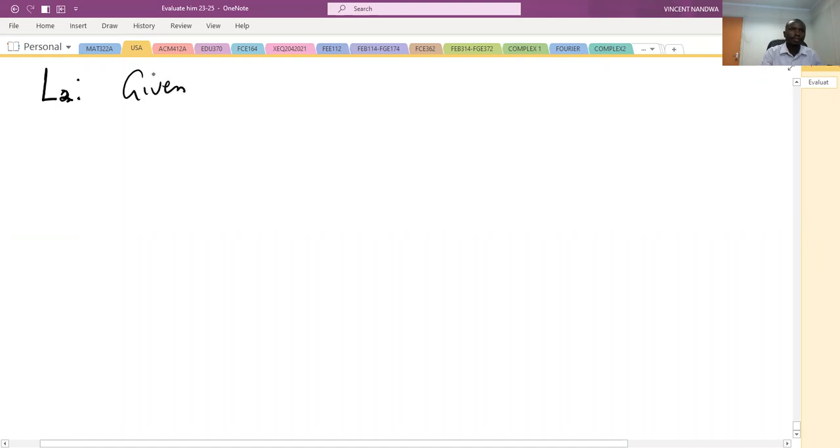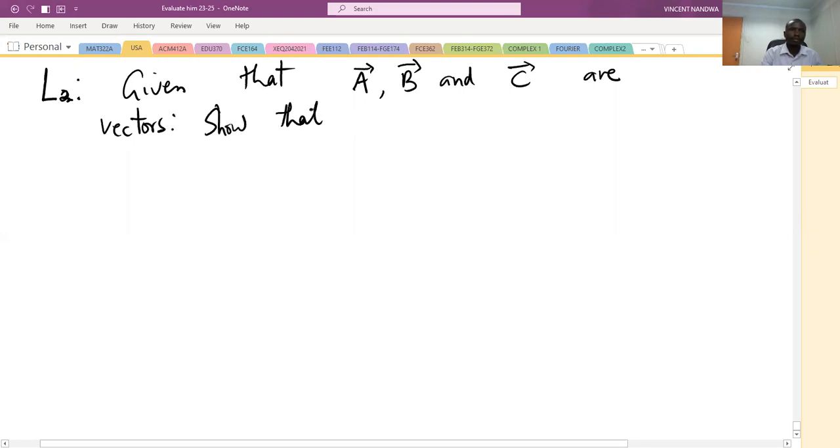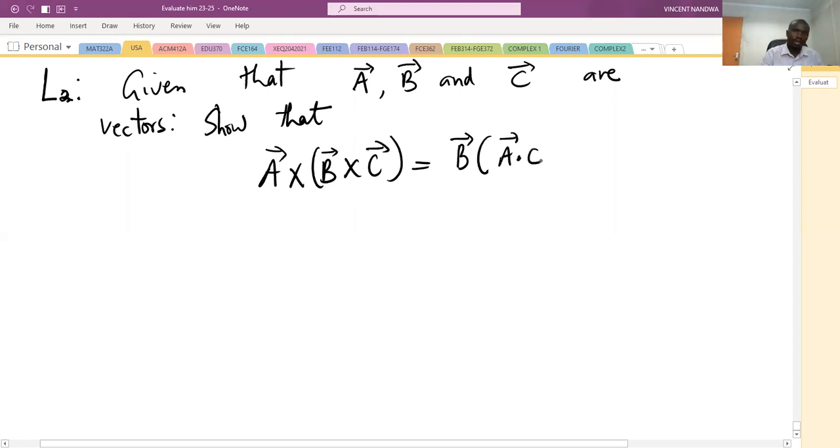Given that A, B, and C are vectors, show that A cross B cross C is the same thing as B times A dot C minus C times A dot B.